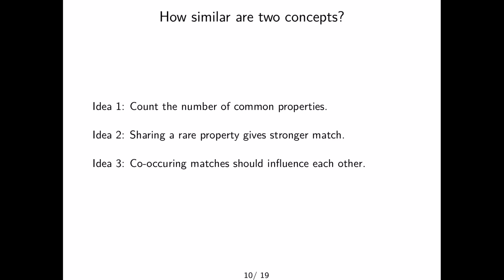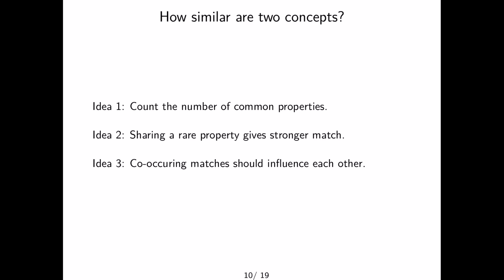So we take one concept in one library, let's say it can be a type, let's say the natural numbers in one library and the natural numbers in another library. And we share count. The first idea is just to say what properties of natural numbers are true here and also true in the other, and count the number of properties they have in common.